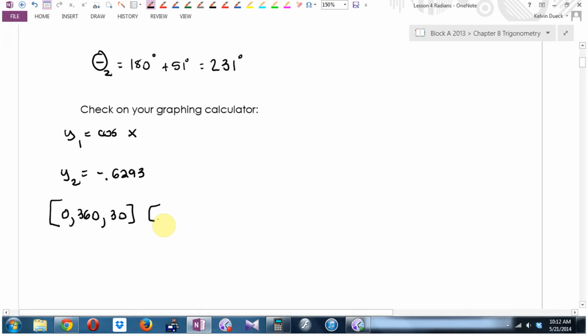What's the biggest sine and cosine got? Do you remember? They were between 1 and -1. So I'm going to go from, how about negative 1.5 to positive 1.5, going up by ones.